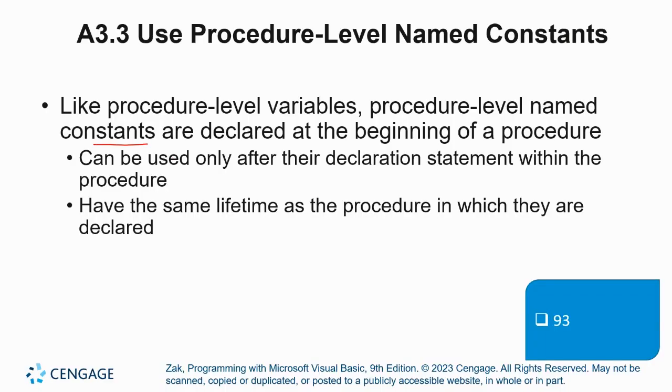All right. So constants are very much like variables, only they're constant. When you declare a constant, you must give it a value, and that value cannot change. Okay. So once that application runs, that's what the value is, and it has the same lifetime as the procedure in which they are declared.